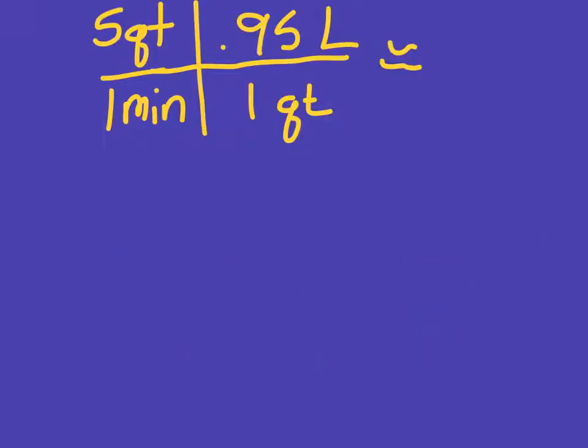Alright, here we're going to do example number 2. In example number 2, you need the little picture of the heart over there that tells us that the heart pumps 5 quarts of blood every minute. Okay? So the heart pumps 5 quarts of blood every minute. And the problem wants to convert the quarts to liters. So what I've done is already set up a conversion table for us. 5 quarts every minute.